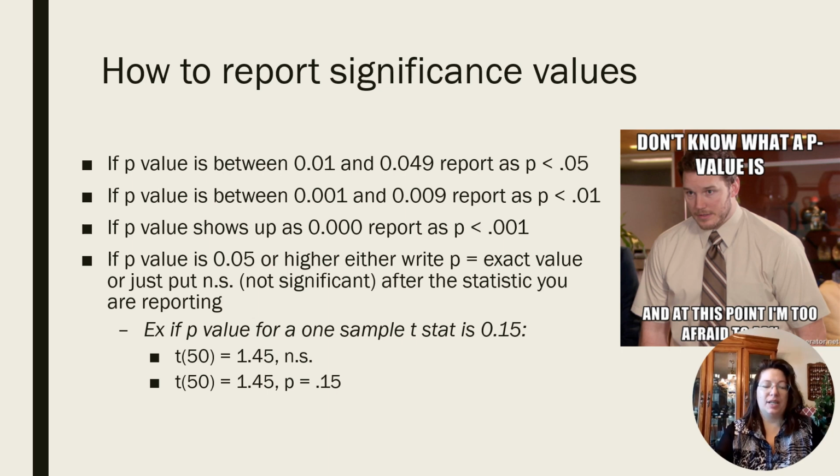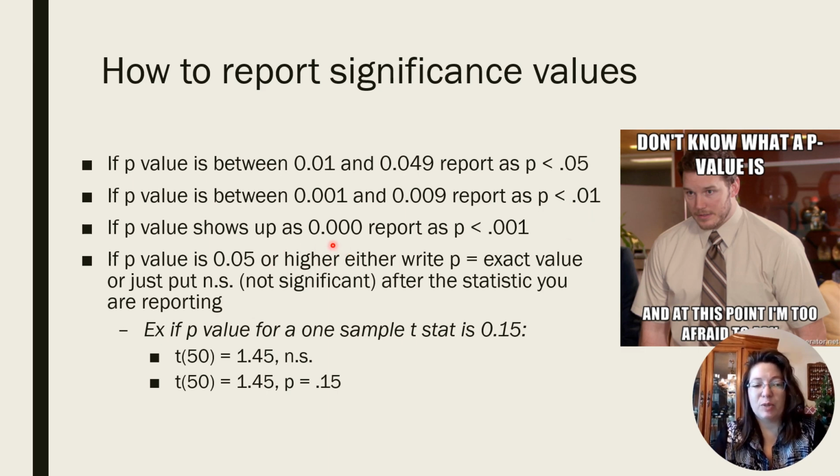One thing to note is that the APA manual has specific rules for how to report significance values. If your p-value is between 0.01 and 0.049, we're going to report it as p is less than 0.05. If it's between 0.001 and 0.009, we're going to report it as p is less than 0.01.